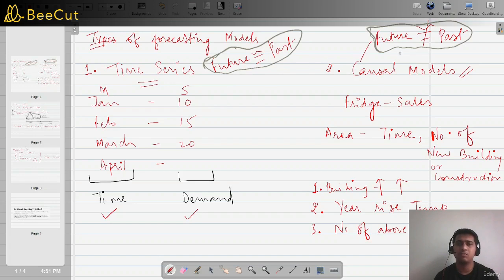Some examples of causal models are random forest and XGBoost. So far I have already introduced time series models in these lessons.